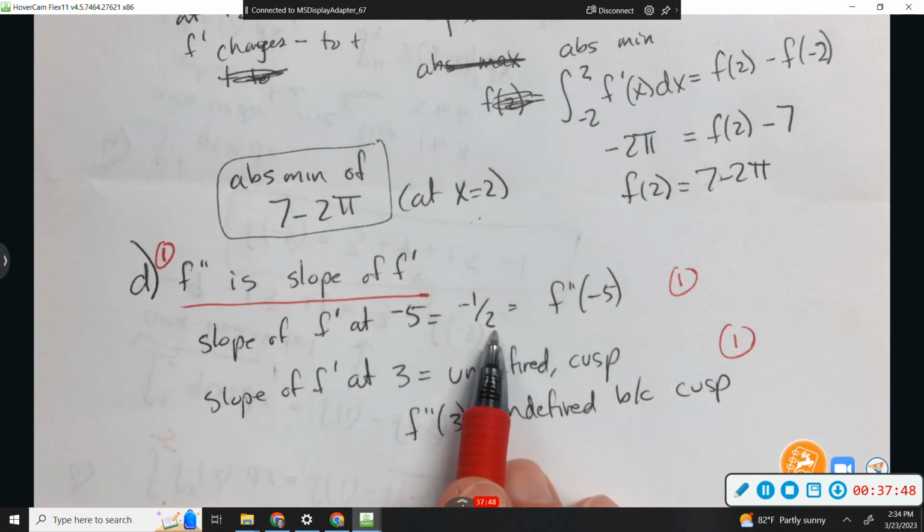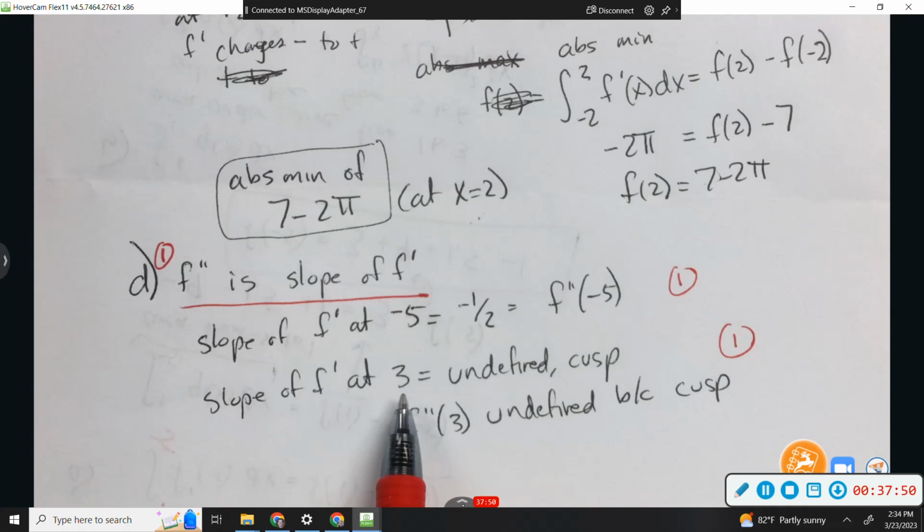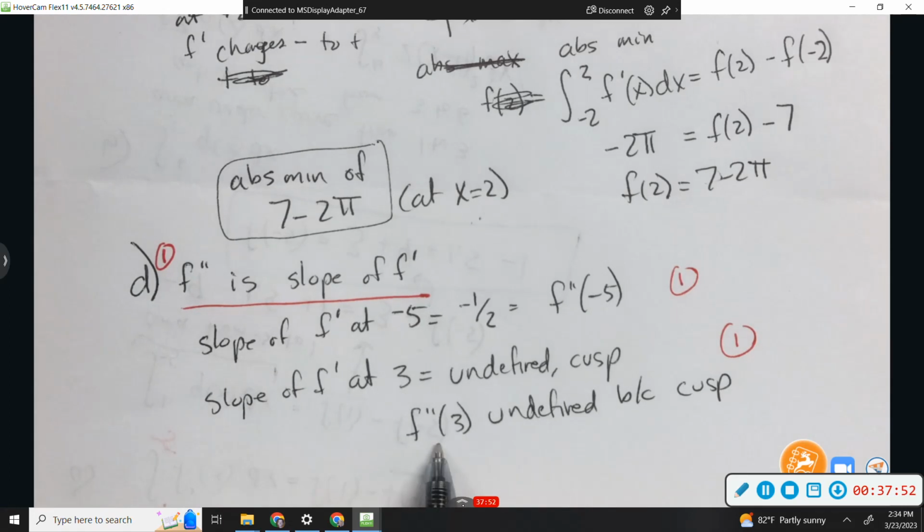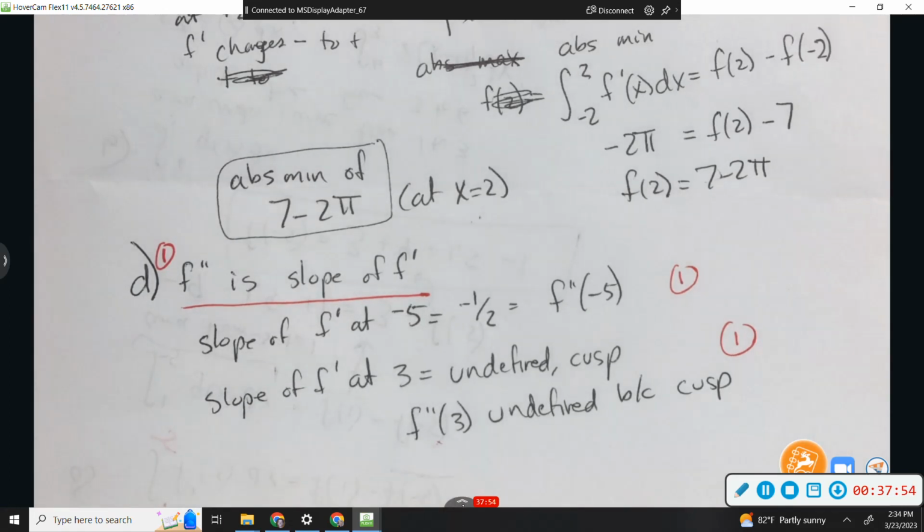The slope at 3, though, that's a cusp. So f double prime at 3 is undefined because of the cusp. So I got all 9 points. Congrats to me. But you don't need to get all 9. I mean, if you get all 9 on one, you are set, because that buys you some grace on the other ones.